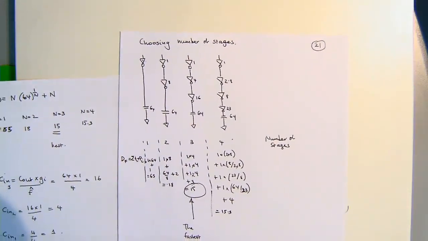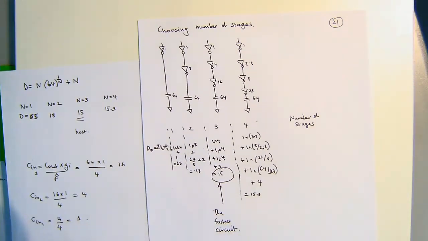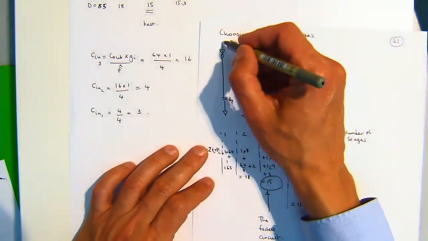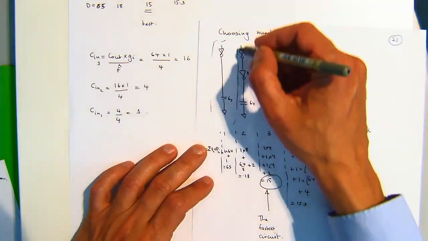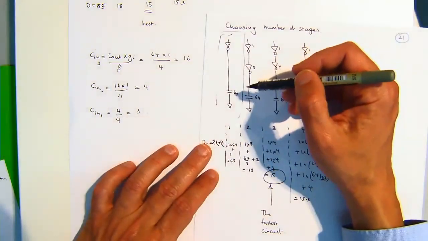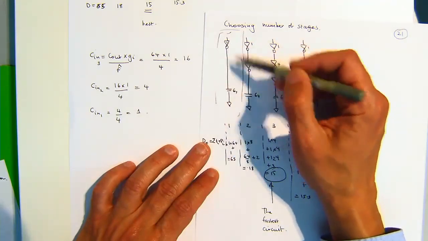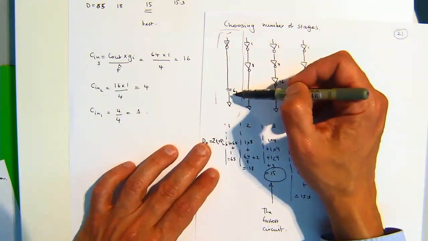And in the next one, I'm showing you an example. If I gave you this circuit, and we looked at the overall path effort, we know that it's 64 units.